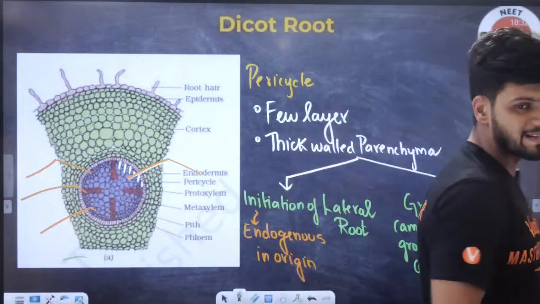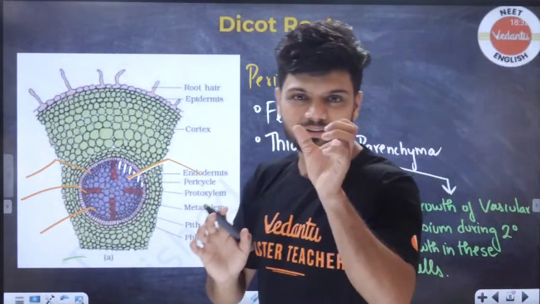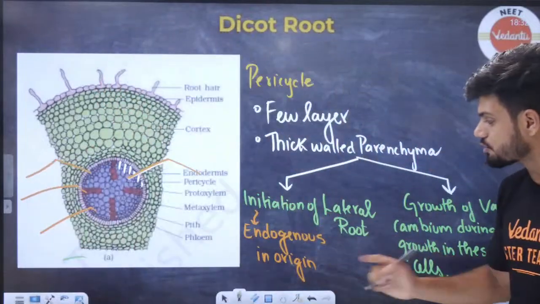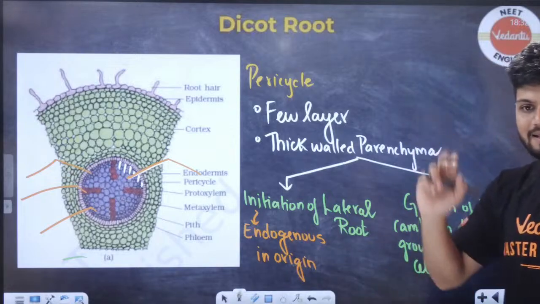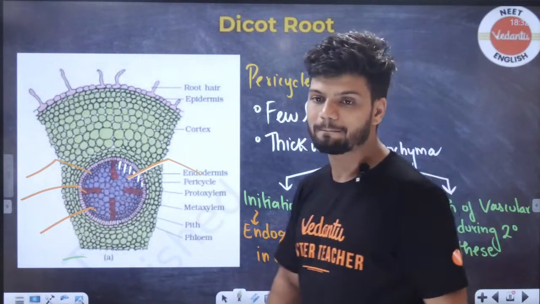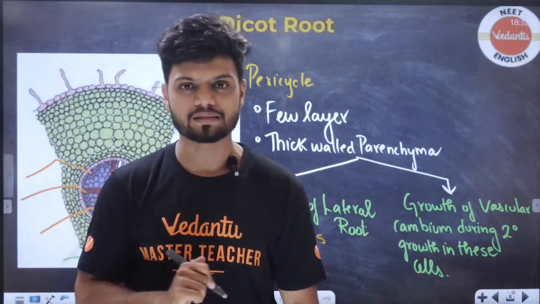The first thing is it's a few layers of thick-walled parenchyma. The first main function is initiation of lateral roots, endogenous in origin, and the second is growth of vascular cambium during secondary growth in these cells. Secondary growth happens in these cells. That is your entire pericycle.